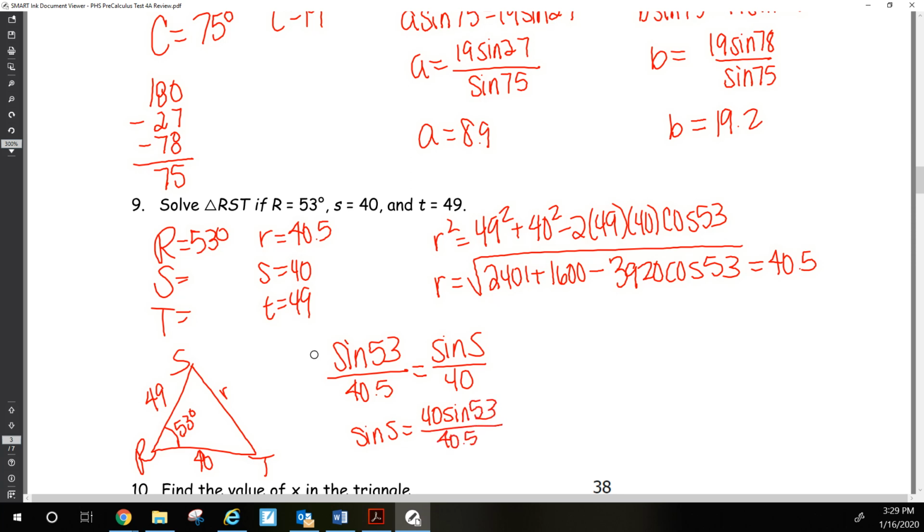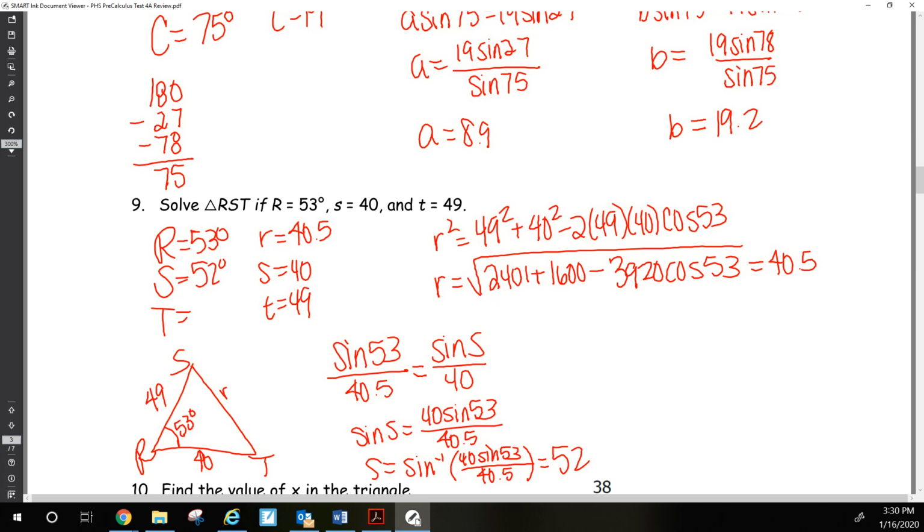So s is going to be the inverse of sine of this whole guy here, 40 sine 53 over 40.5. Crunching that in our calculator, we get big S is 52 degrees.